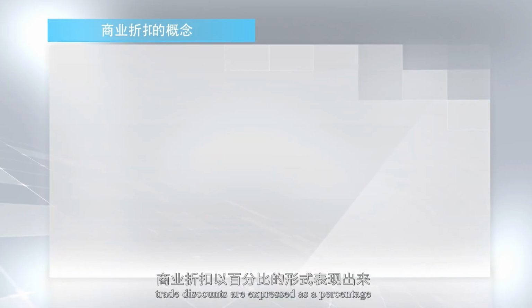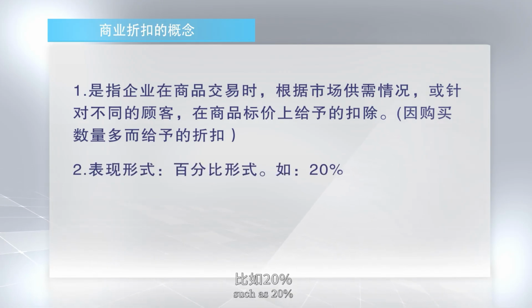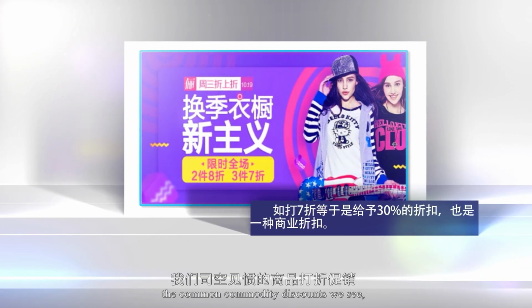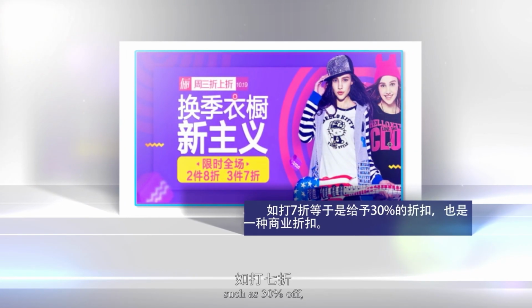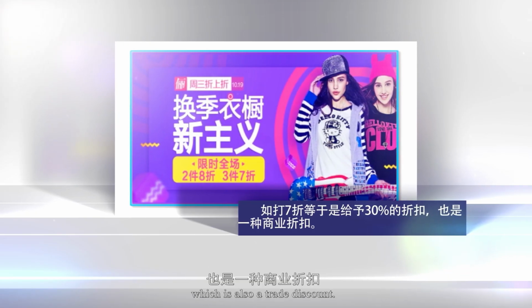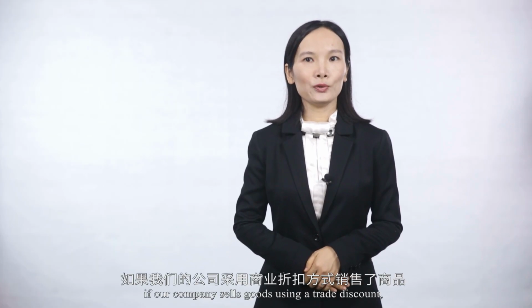Generally, trade discounts are expressed as a percentage, such as 20%. In addition, the common commodity discounts we see, such as 30% off, are equivalent to a 30% discount, which is also a trade discount.